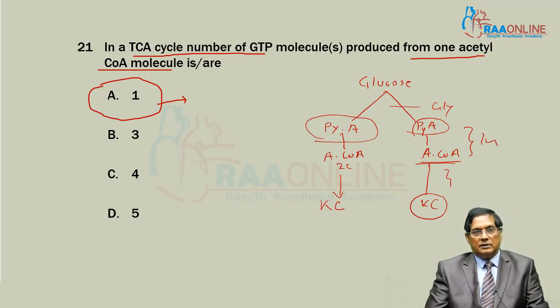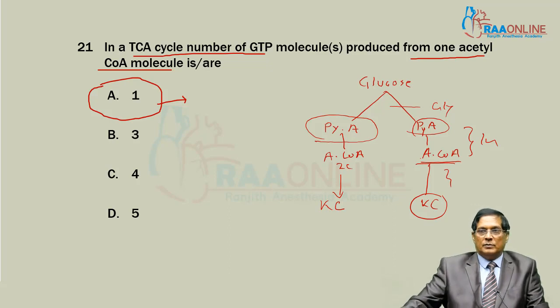But here the question is already given, that is 1 acetyl coenzyme A, that is 1 Krebs cycle is sufficient, and the answer is 1 GTP from 1 Krebs cycle.